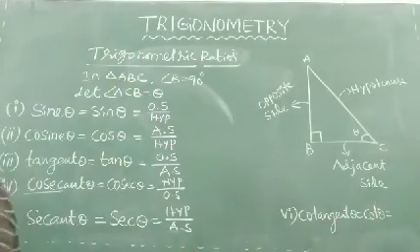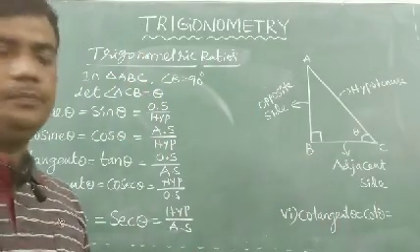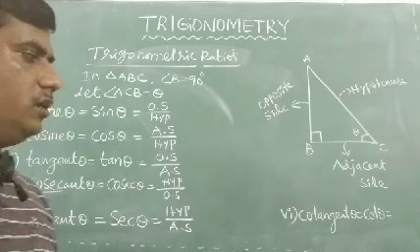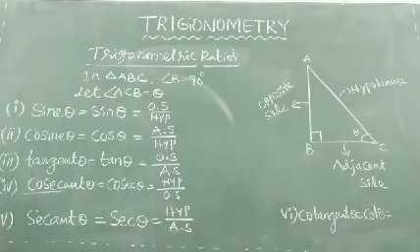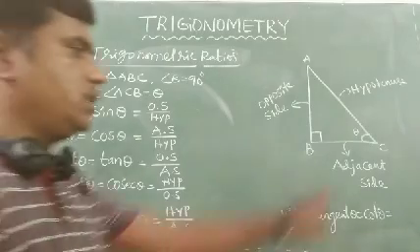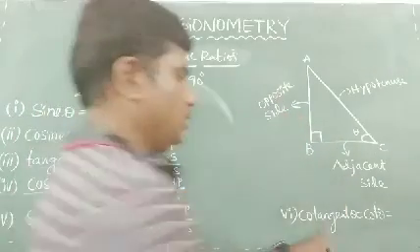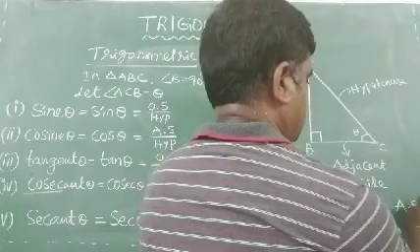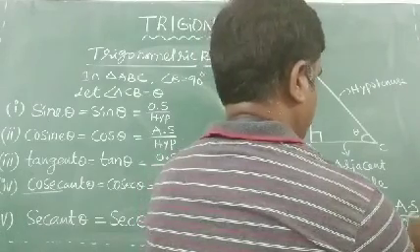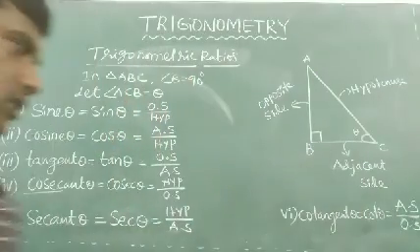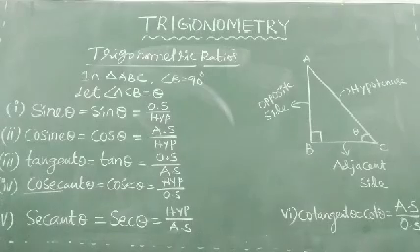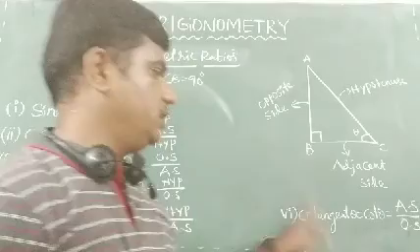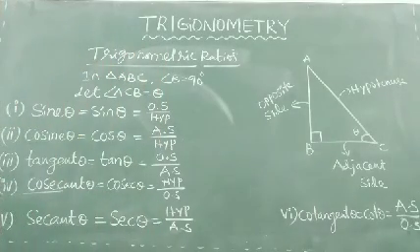So cot theta means the ratio between adjacent side to opposite side. The ratio between adjacent side to opposite side is called cotangent theta or cot theta.